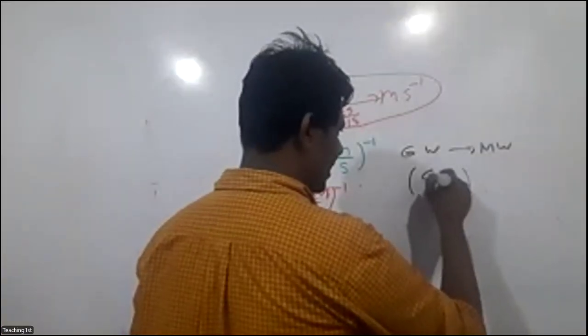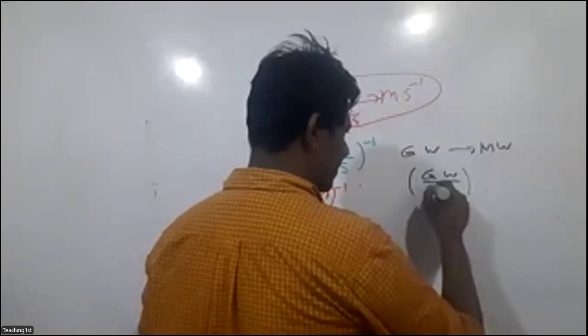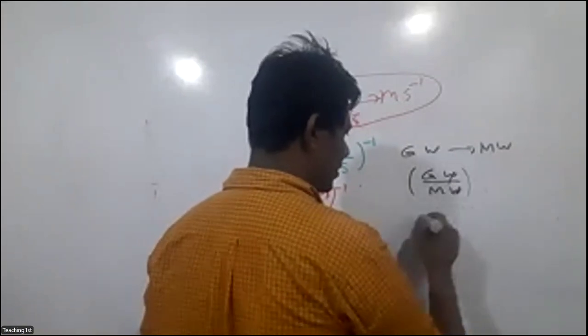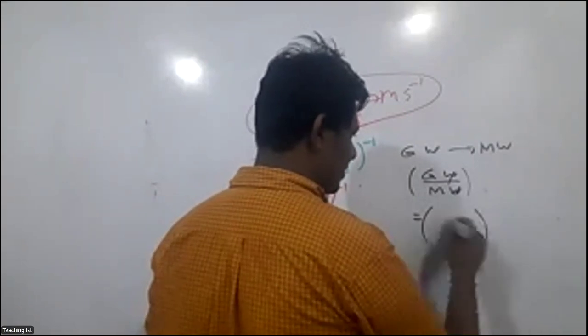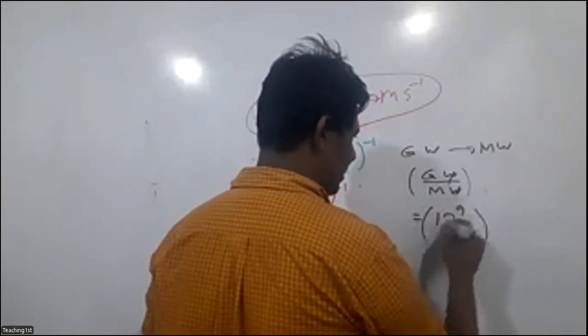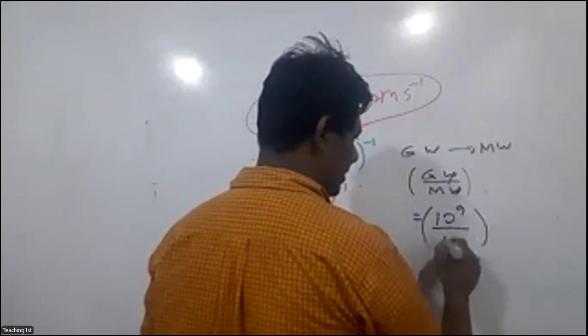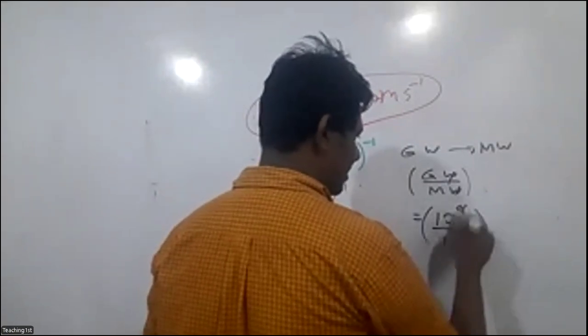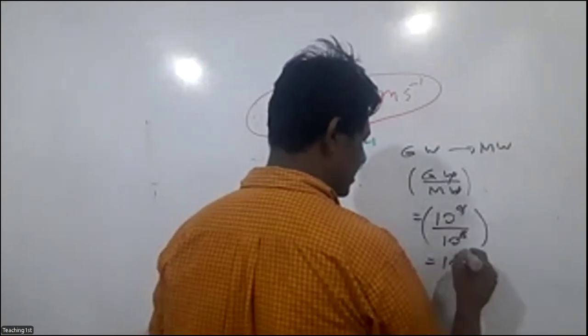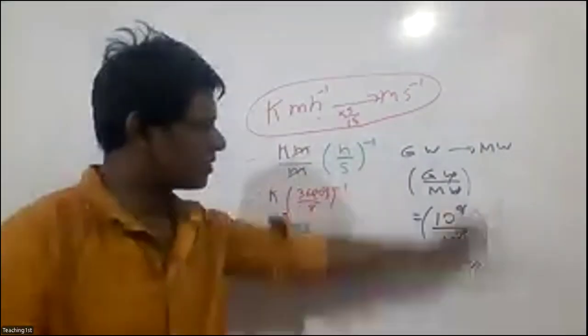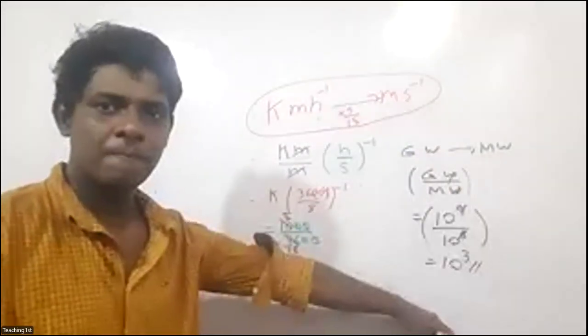You get gigawatt divided by mega and what got cancelled out. It was 10 to the power 9 divided by 10 to the power 6. And the conversion factor was 10 to the power 3 only. It was a single effect.